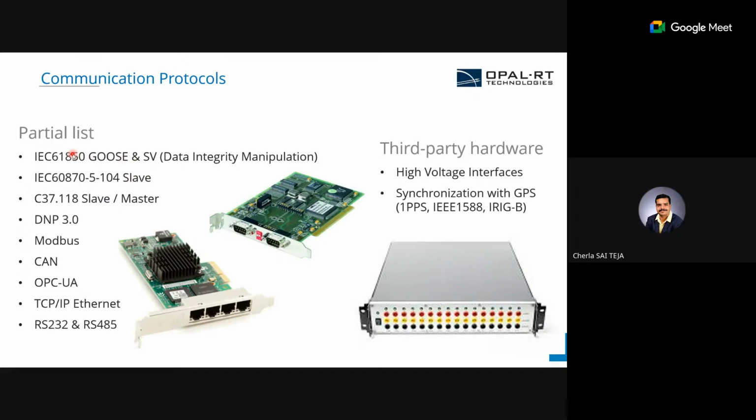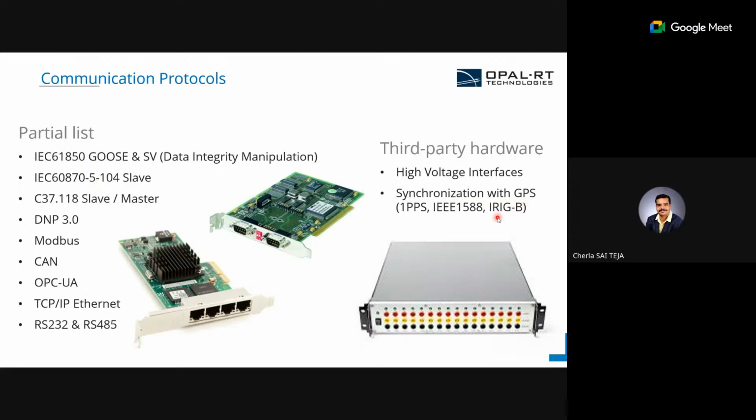So depending on the application, the user can select what kind of communication protocol they want and enable it on the simulator, so that they can start sending and receiving data in that format. And we have some third-party hardware as well. For synchronization, whenever you have these smart devices, you need to have the data transfer with a reference clock.